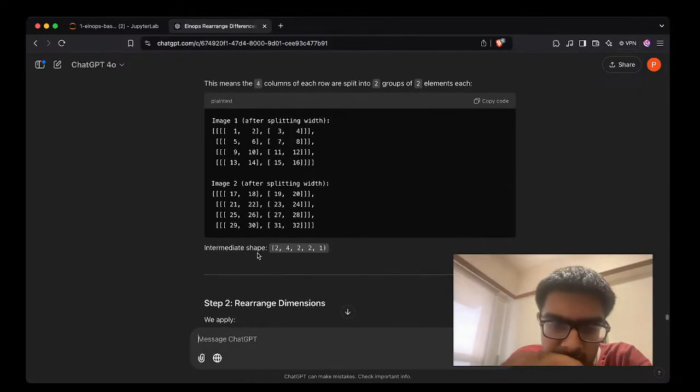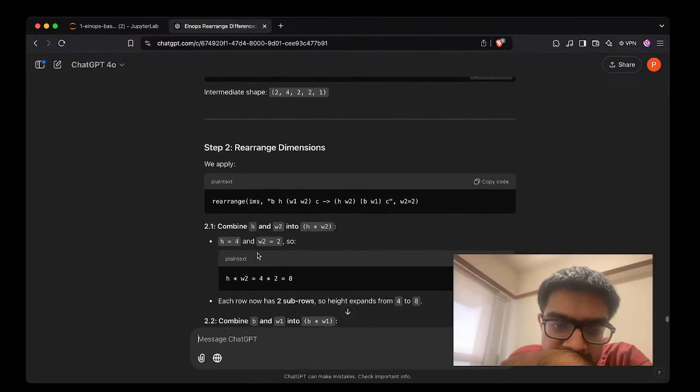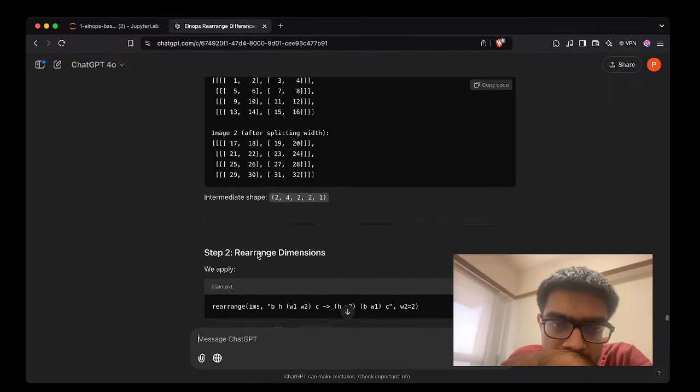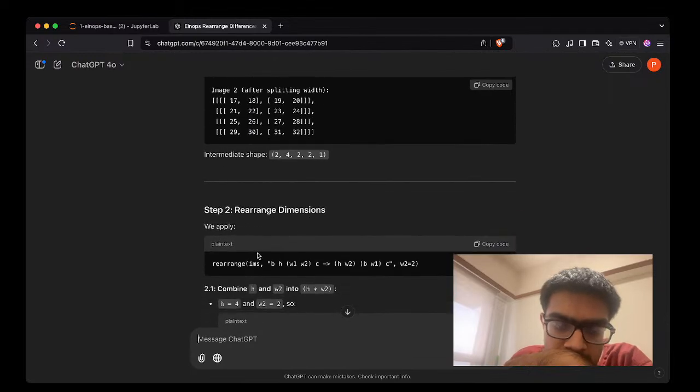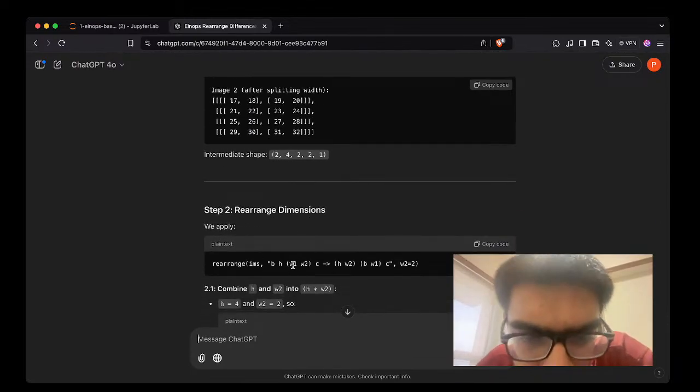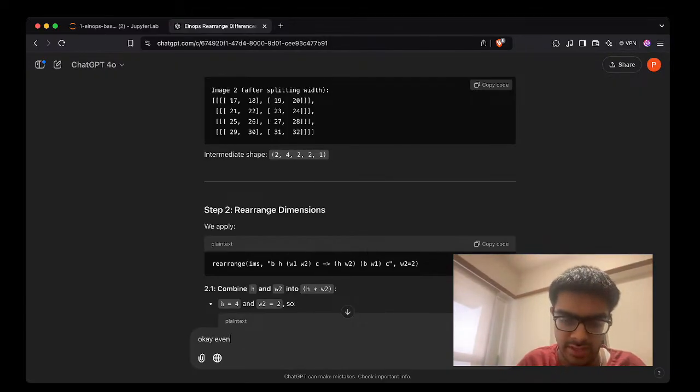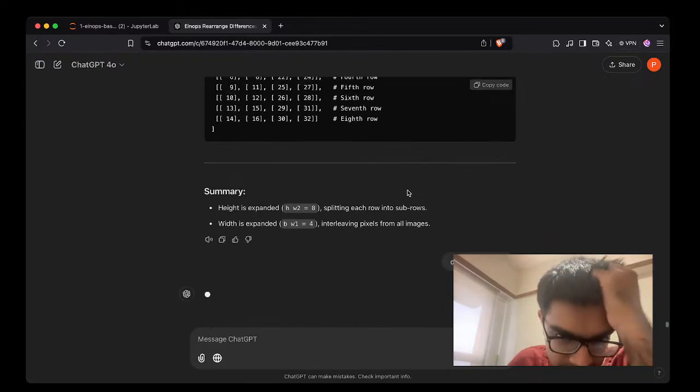Correct, got it. This is the hard part, right? So W1, W2 becomes H W2, which means, let's do an even simpler example.